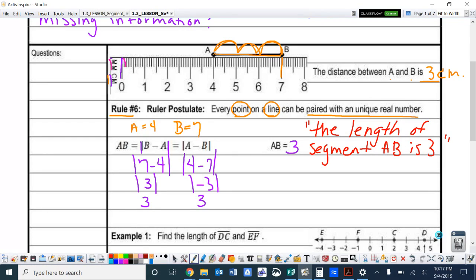This is important. So if we're measuring, we're not going to put the symbol on top. So we use AB with the segment on top, like a little hat, is a name. And AB with no line on top is a length, something we measured.